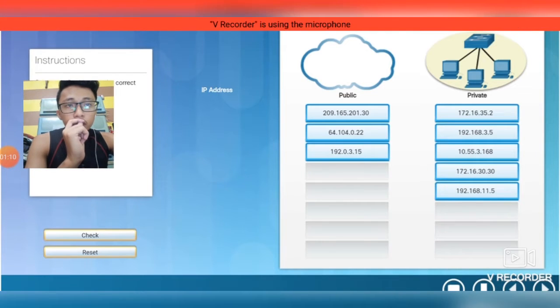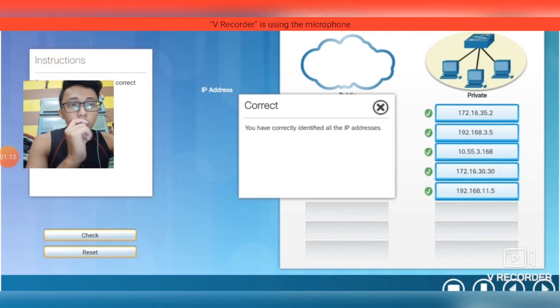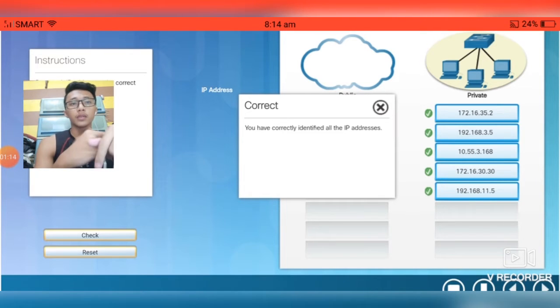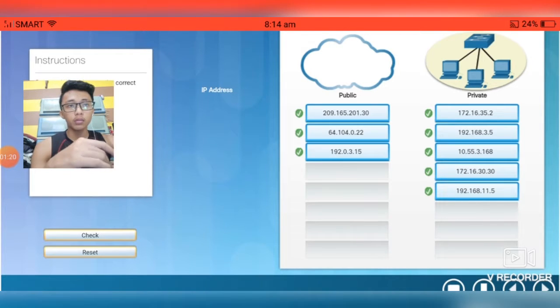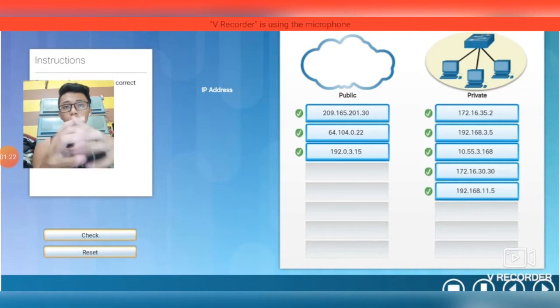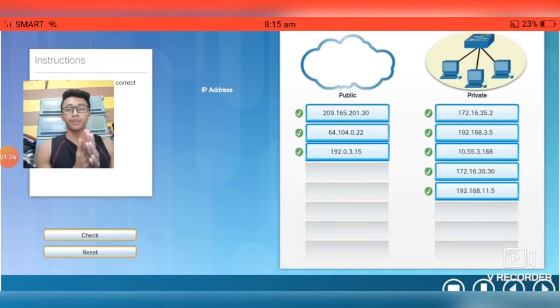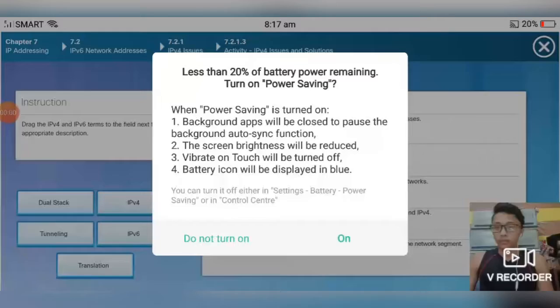So going to check if it is correct. So correct, we have successfully identified all the IP addresses in this activity. So in this activity, you can easily identify what is public and private IPv4 address. This would be classified into public and private.